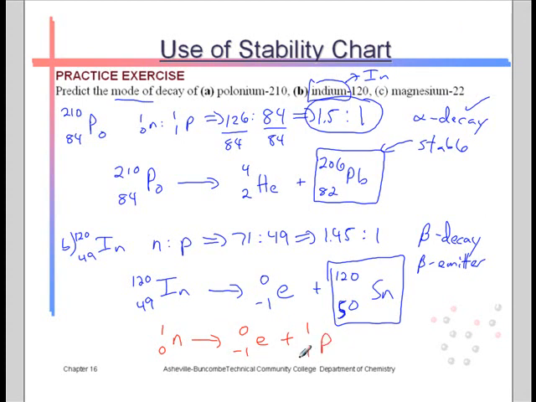And again, if you add up the numbers here, like we've been doing for all these nuclear equations, it's in agreement. -1 and +1 equals 0. 0 plus 1 equals 1. So we're showing the transformation of the particles in the nucleus when a beta emission is occurring. I just want to give you a little bit of a foundation in terms of physically what's occurring within the nucleus.